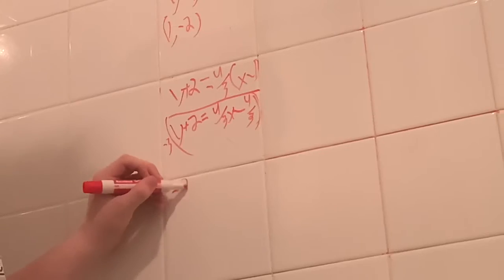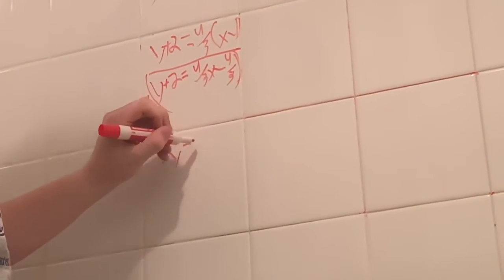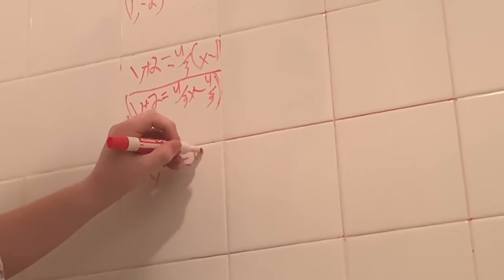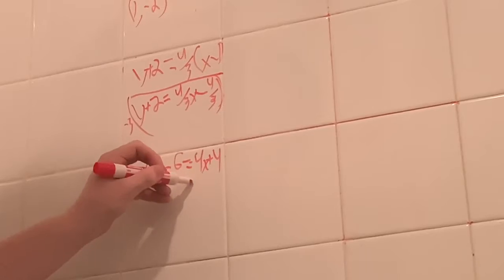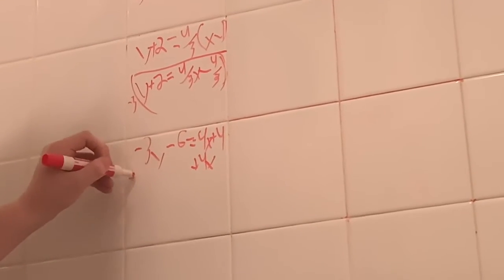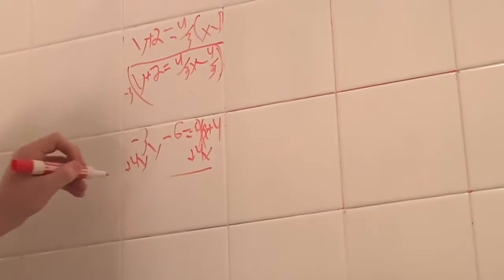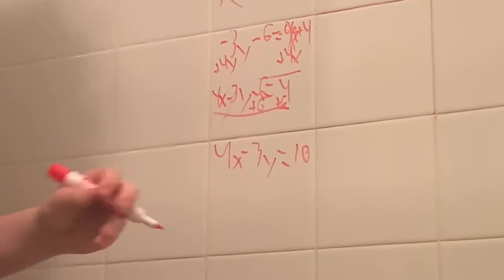So then you get -3y minus 6 equals -4x plus 4. So yeah, you add 4 to the other side, and then 4x minus 3y minus 6 equals 4. You add the 6, and then you get 4x minus 3y equals 10.